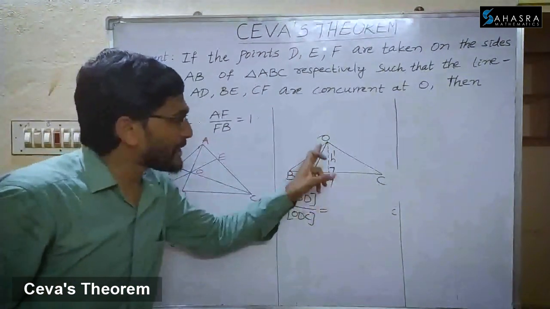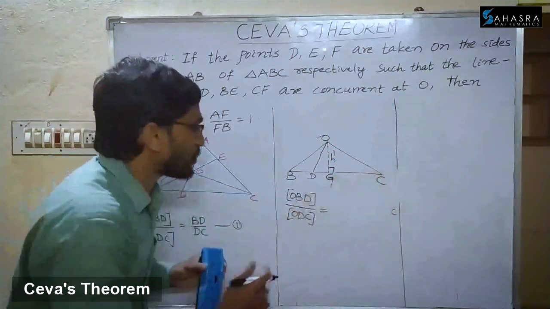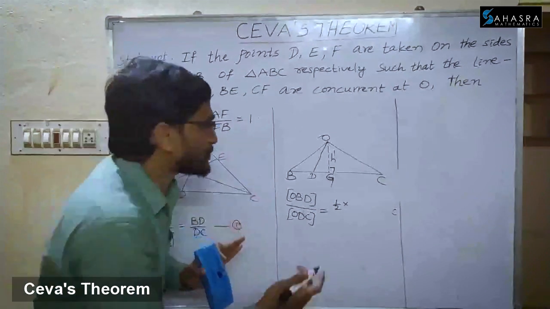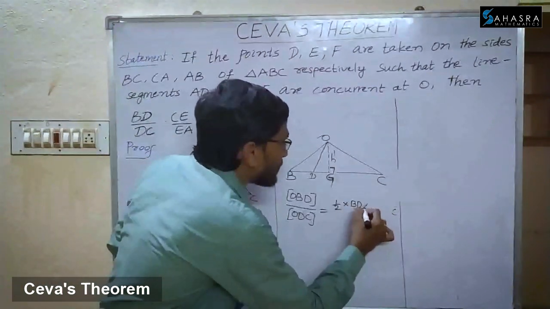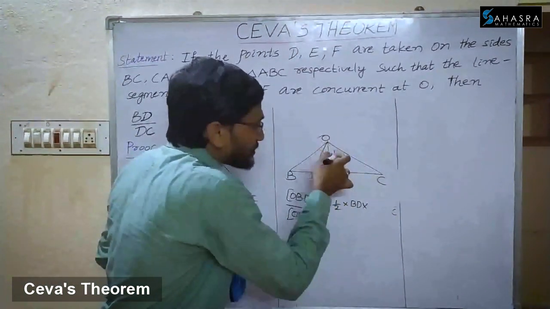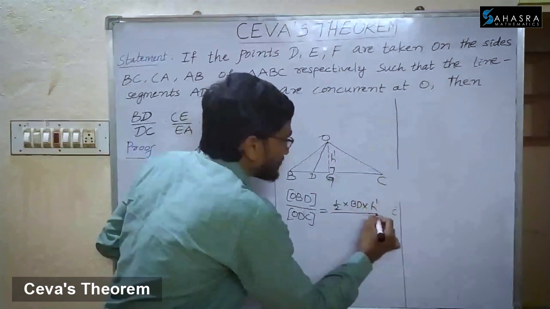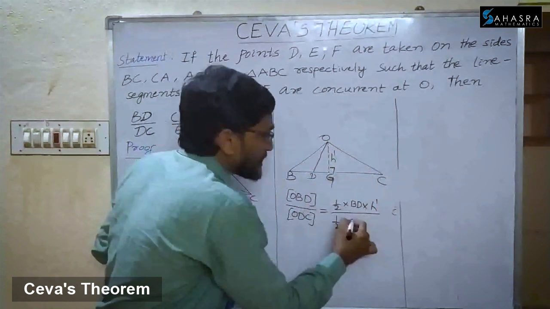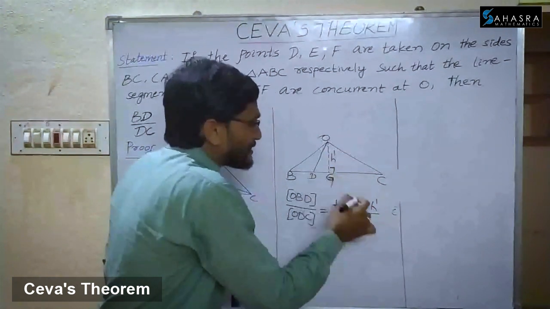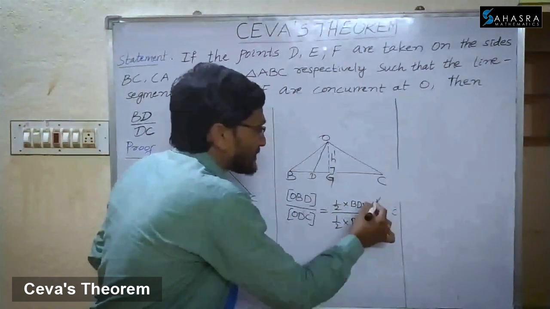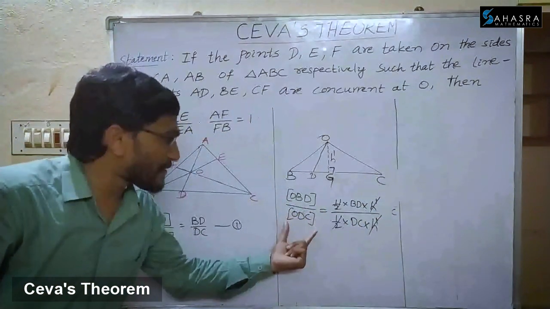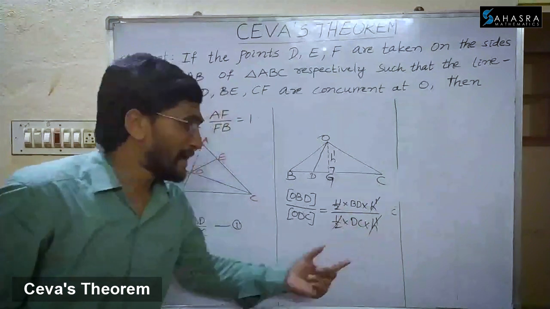The area of triangle OBD by the area of triangle ODC is equal to, what is the formula for the area of a triangle? Half into base into its corresponding altitude. Half into BD is the base, corresponding altitude OG. OG is nothing but H dash. It's divided by half into DC, the base in this triangle, into the altitude, which is H dash. H dash gets cancelled, half gets cancelled, then we get the area of triangle OBD by the area of triangle ODC is equal to BD by DC.